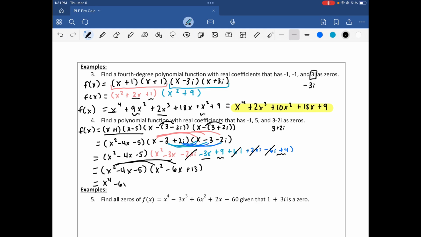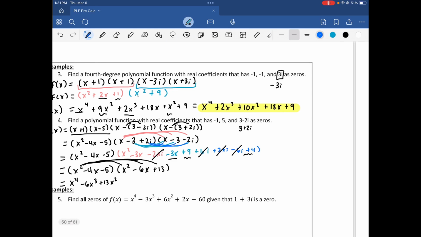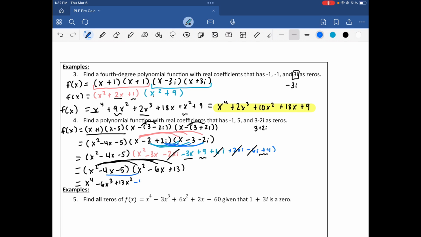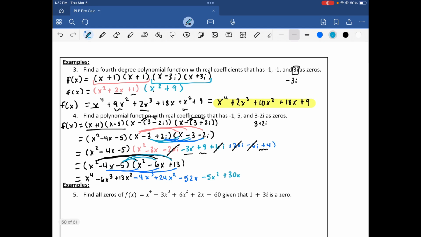And then I've got minus 6x cubed plus 13x squared, minus 4x cubed plus 24x squared minus 52x, and then minus 5x squared plus 30x, and then 5 times 13, 65, minus 65.